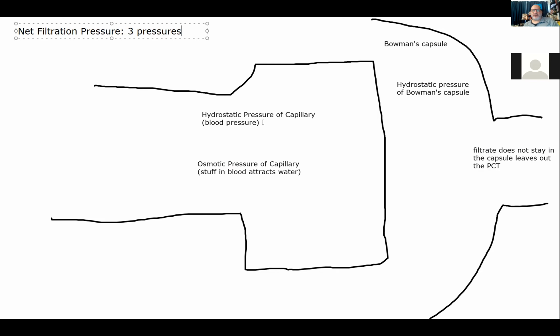Our hydrostatic pressure of the capillary is going to be an outward pressure, going out of the capillary. Osmotic pressure is going to be an inward pressure because it draws water in. And our hydrostatic pressure of Bowman's capsule is going to be an inward pressure as well. So 2 of these are going to be trying to push water and stuff into the capillary, and one of them is going to be an outward force.